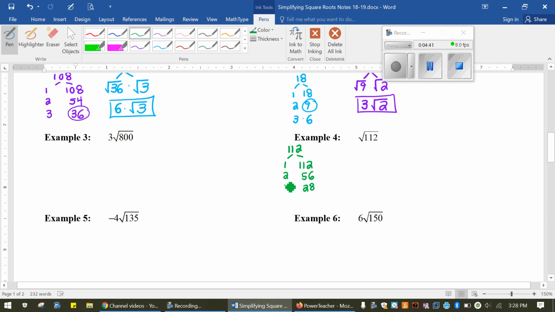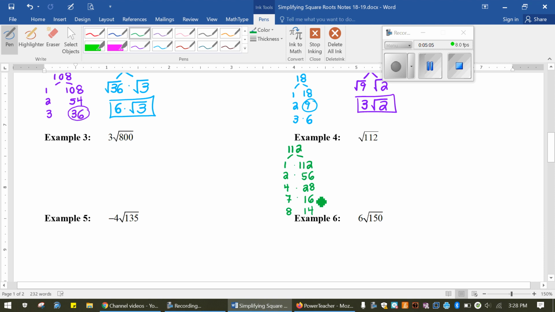Now 4 is a perfect square, but it might not be the biggest one I have, so I'm going to continue to build my chart here. 5 doesn't go in. 6 doesn't go in. 7 goes in 16 times. Now I've got a perfect square here. Let me keep going. Does 8 go in? Yes, 8 goes in 14 times.